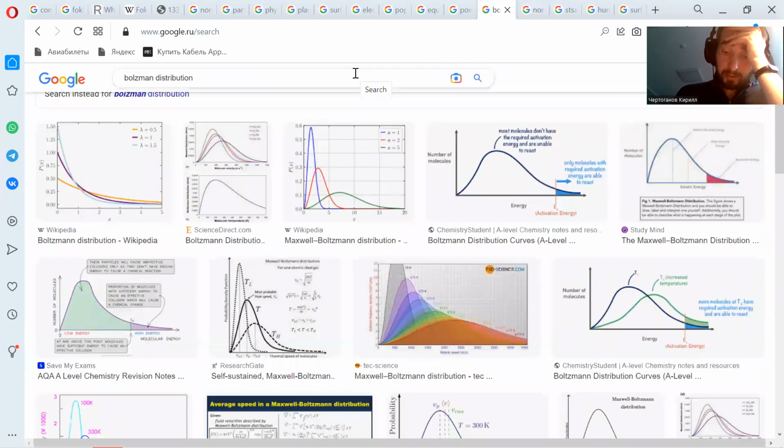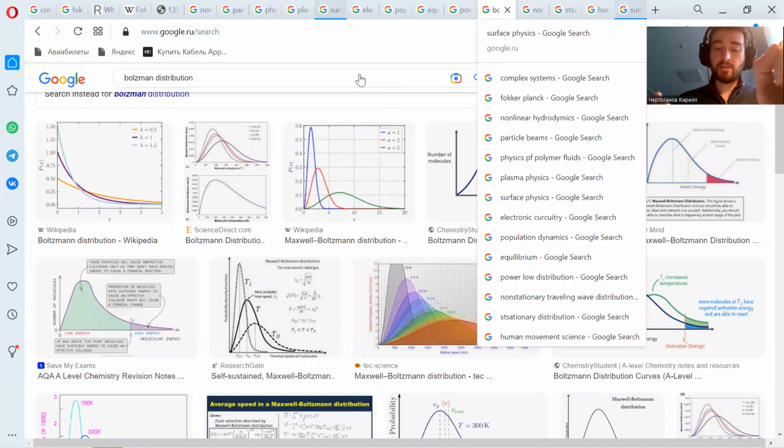What I want to say is, we will be concerned with novel and anomalous diffusion, and it's quite important because Fokker Planck equations include some coefficients to describe behavior.